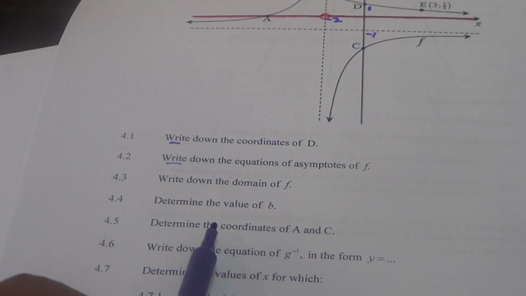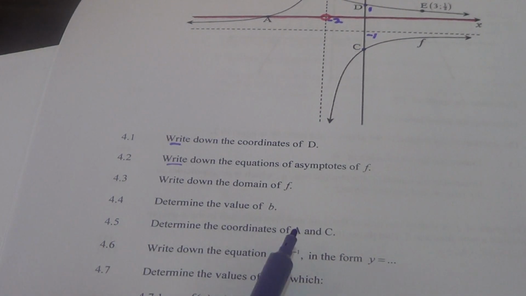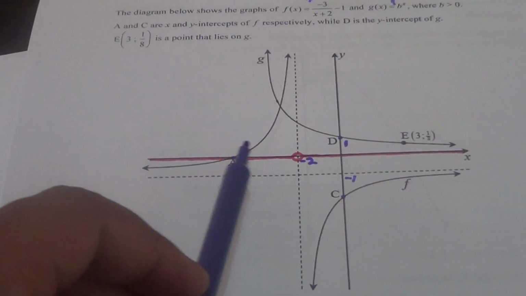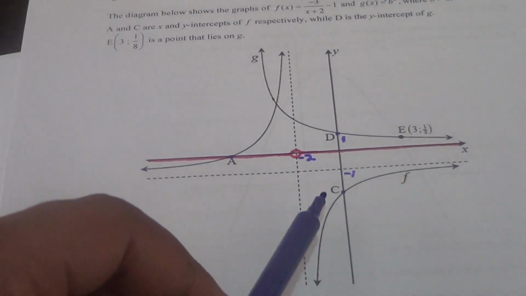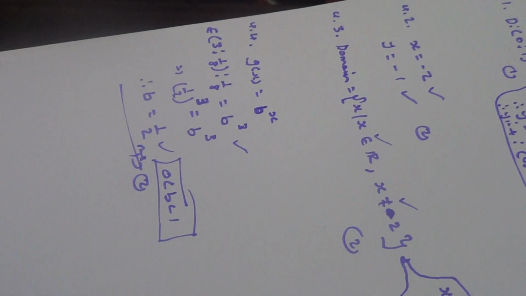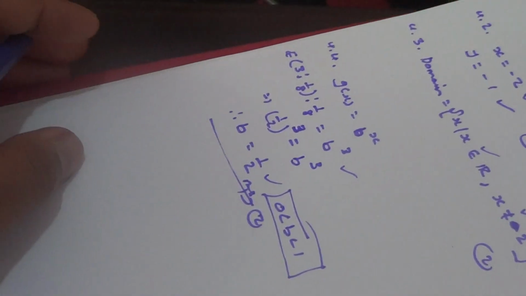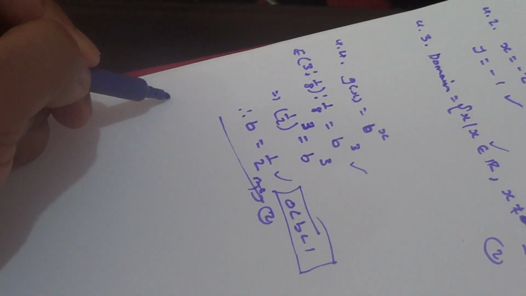So 4.5, we are told now, determine the coordinates of A and C. So those are the x and y intercepts of the hyperbola. Not a difficult question also.